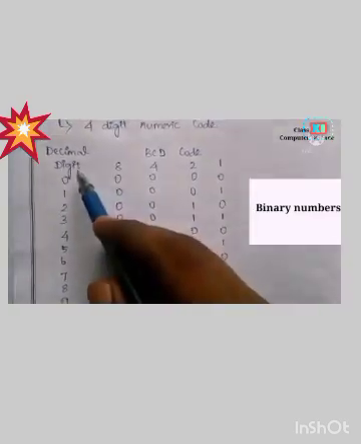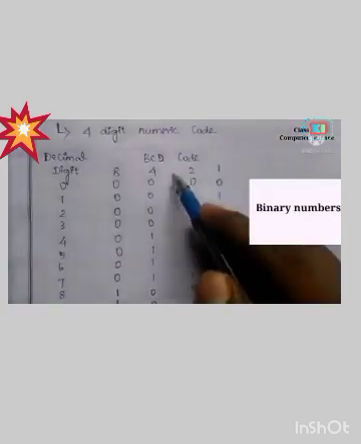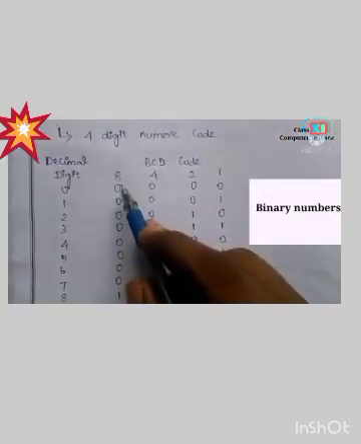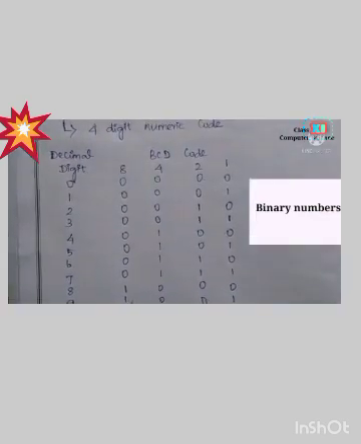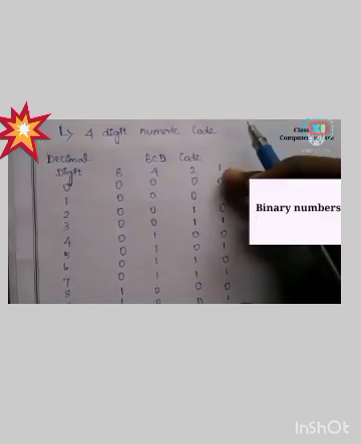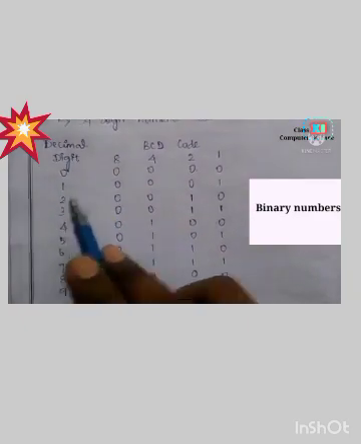And we are going to represent the binary number corresponding to the decimal digit 0. For representing 0, we have to put 0 in all the positional weights. In the case of 8, 0, 4, 0, 2, 0, 1, 0. So 0, 0, 0, 0. This is the representation of 0. In the case of 1, we can represent 0, 0, 0, 1.